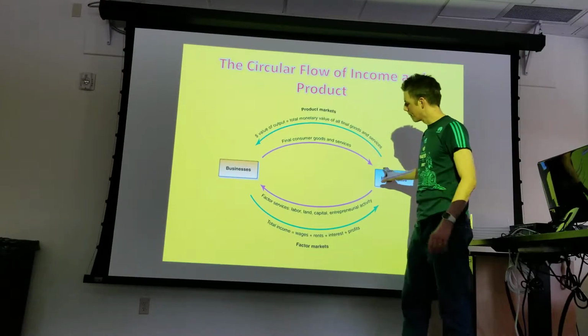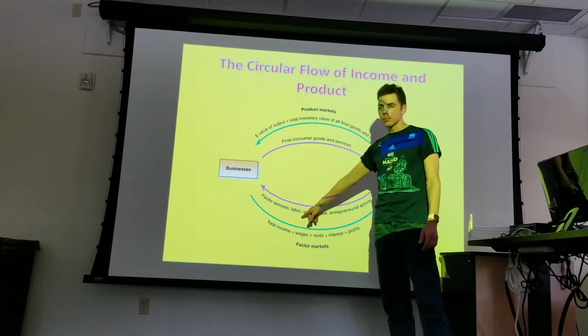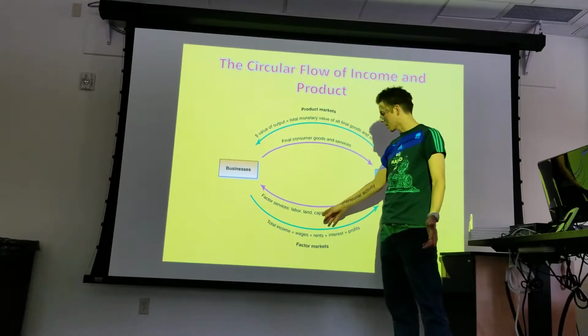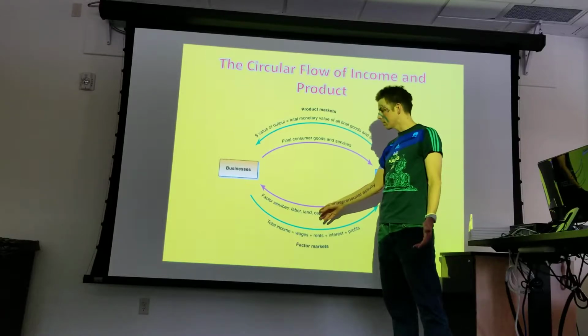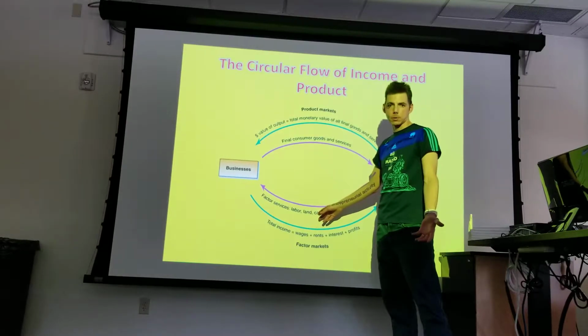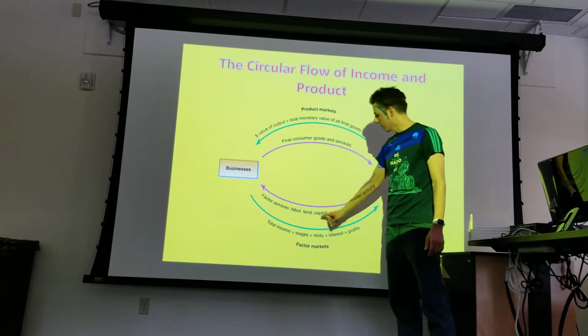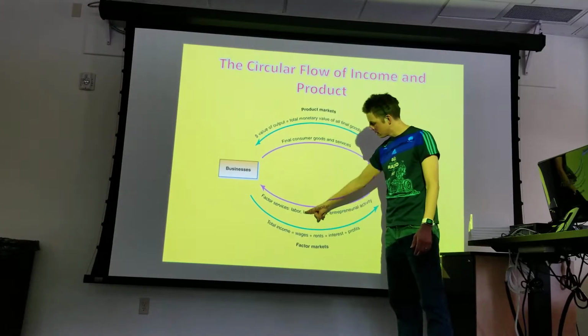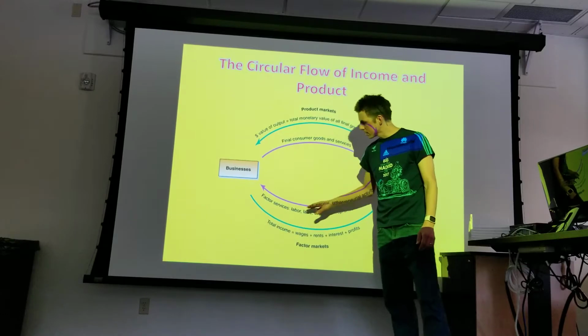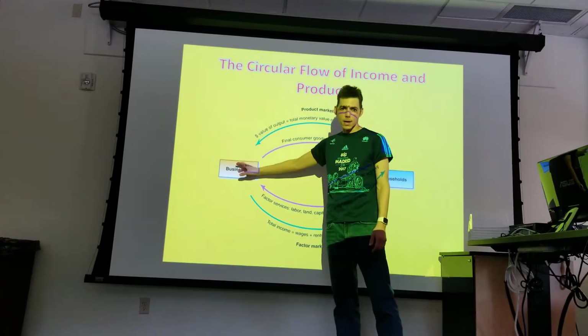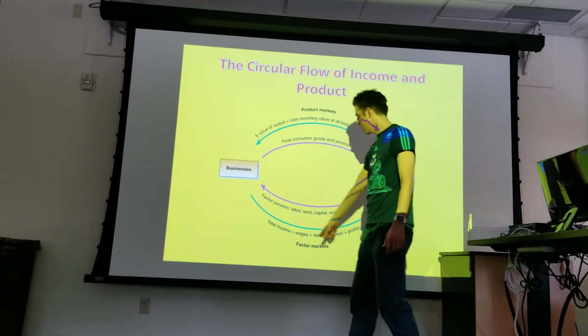Households sell their usually labor, but if they own land, they could rent it out. If they have capital like a truck, or capital in terms of money, they could loan it to a business, and in return, they get money, right? They get interest, rent for land, wages for labor. So they take what they have and loan it to the business, or they sell it. The business gives them money.